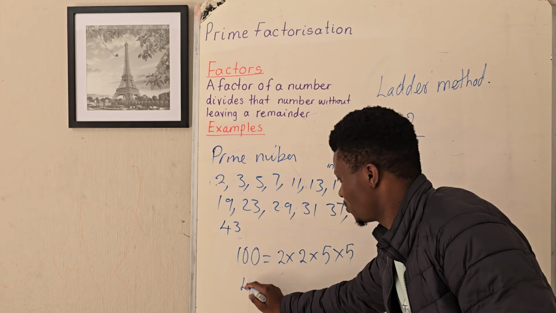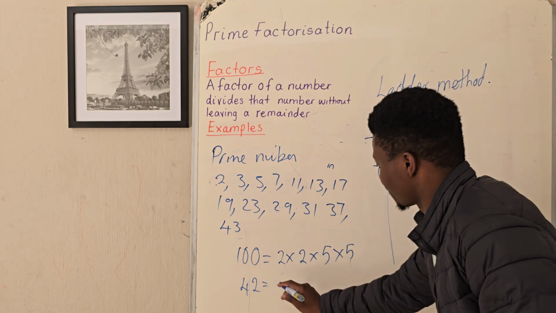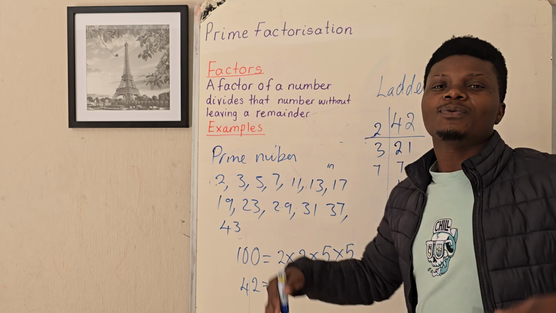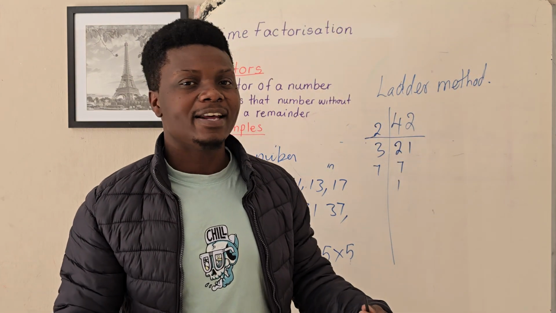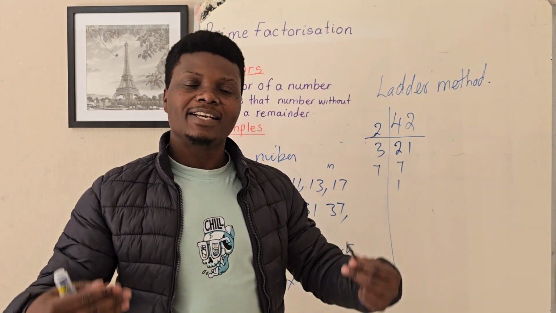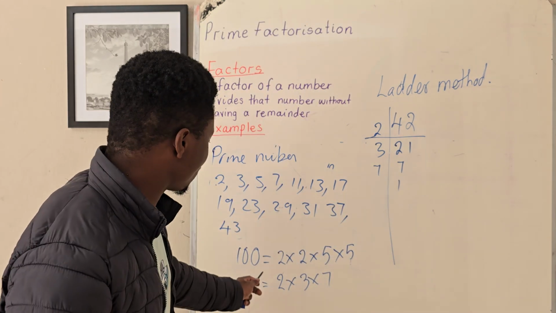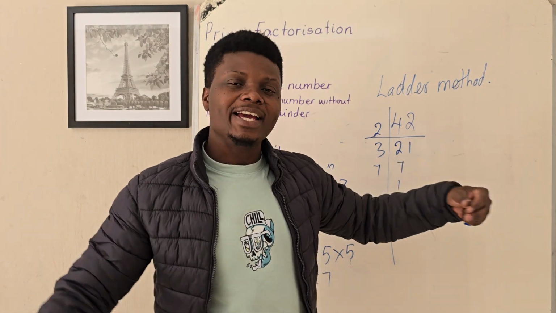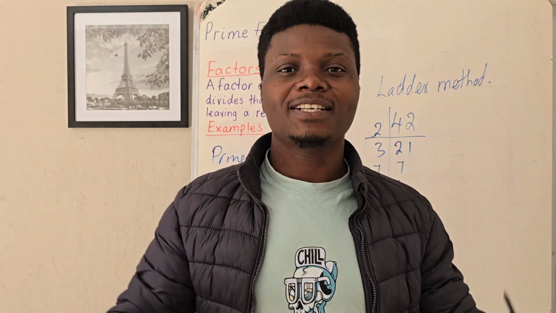So 42 can be written as 2 times 3 times 7. This is how we express any composite number as a product of its prime numbers, because all these are prime numbers. We can use the ladder method, and we can use what we call the factor tree method.